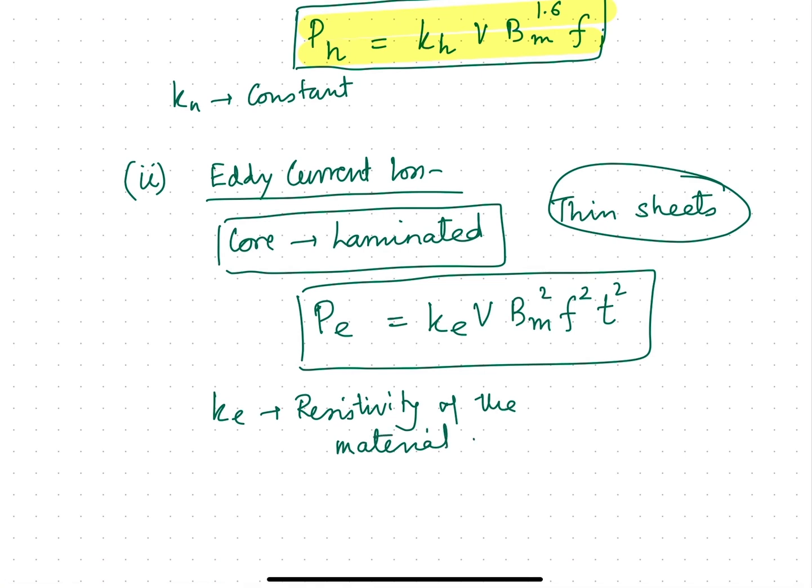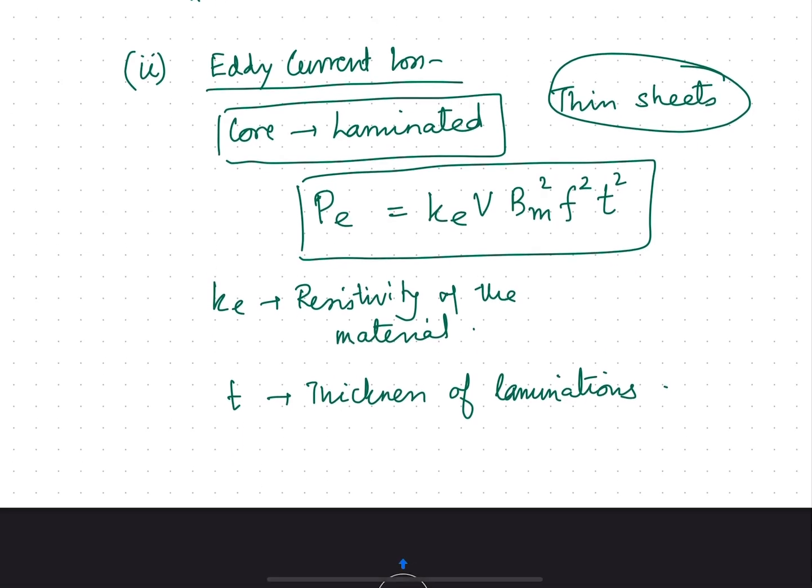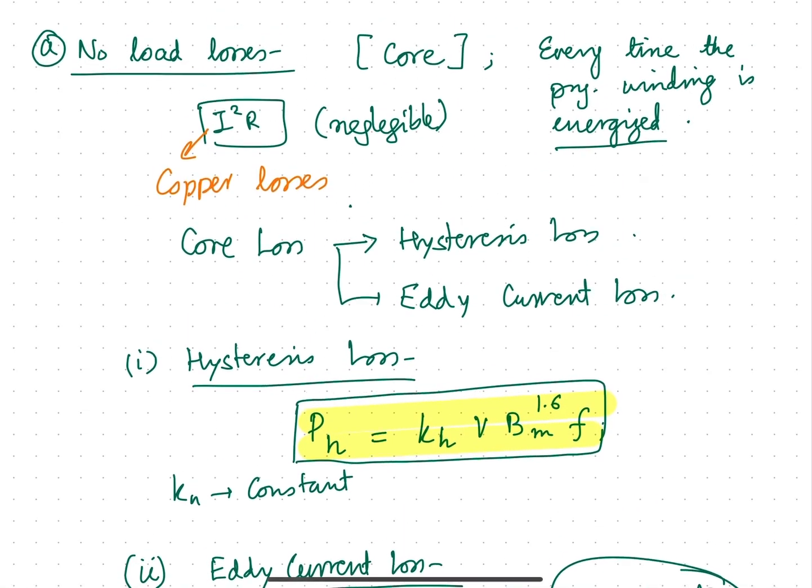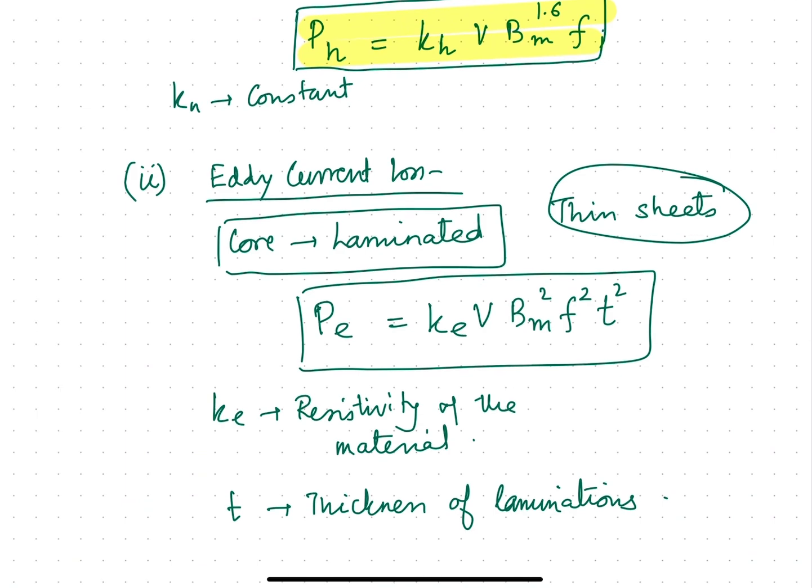V is the voltage, Bm is the magnetic flux density, F is the frequency, and T is the thickness of the laminations. Right? So the thicker the laminations, the more the eddy current loss is going to be. So this was all about no load losses or the core losses.